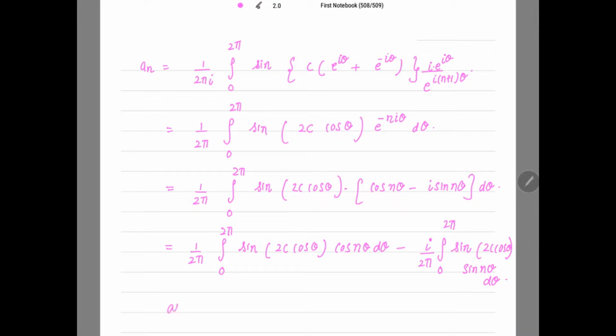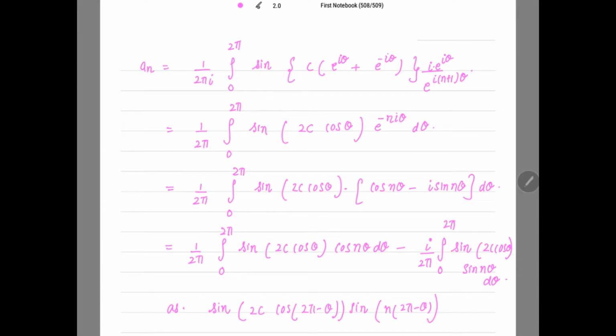So let's check: put instead of theta, a minus theta, that is 2 pi minus theta. So sin of 2c, instead of cos theta I check cos of 2 pi minus theta, a is 2 pi here, and sin of n(2 pi minus theta).